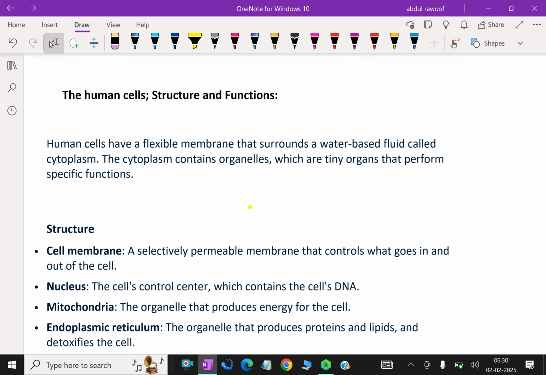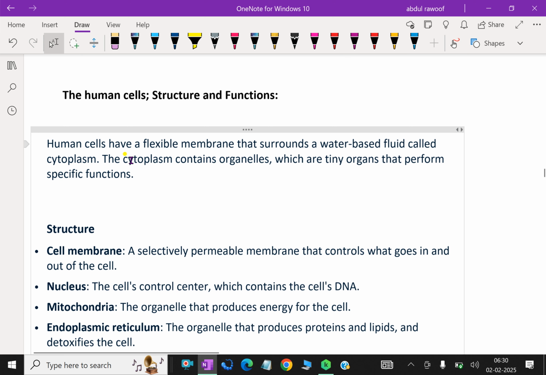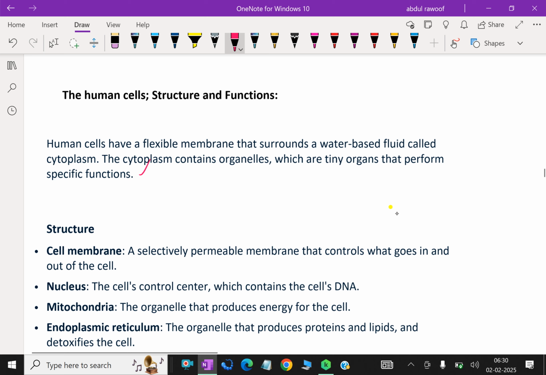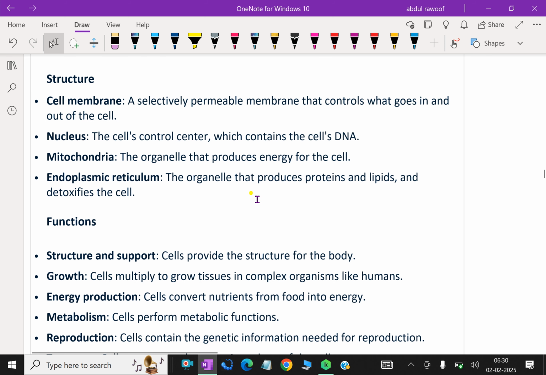The human cell's structure and its function. Human cells have a flexible membrane that surrounds a water-based fluid called cytoplasm. The cytoplasm contains organelles, which are tiny organs that perform specific functions. First, we'll talk about the cell membrane, a selectively permeable membrane that controls what goes in and out of the cell.